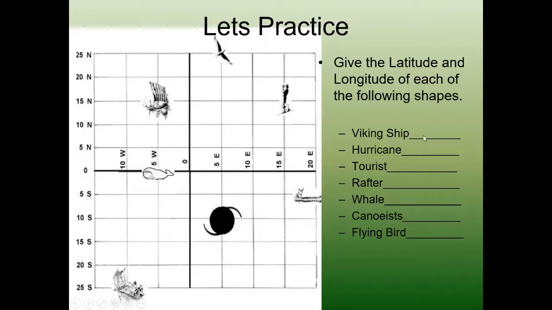So 15 degrees north, 5 degrees west. That's going to be our first example. So what I'd like for you to do, pause the video, write down the rest of the examples here, and when you're done with them all, play the video and we'll give you the answers. Okay, so hit pause now.